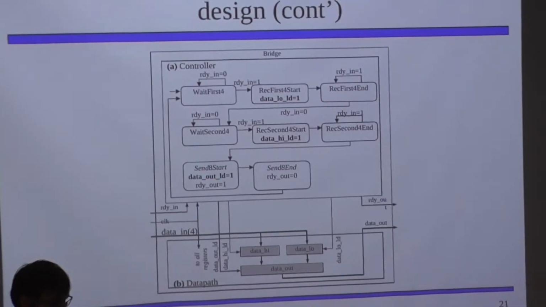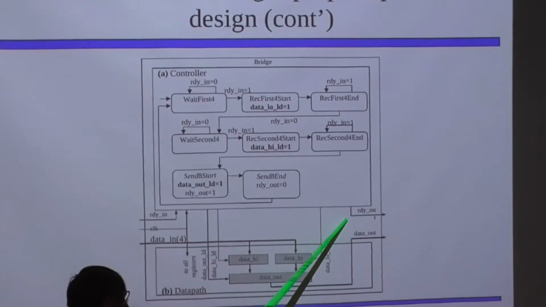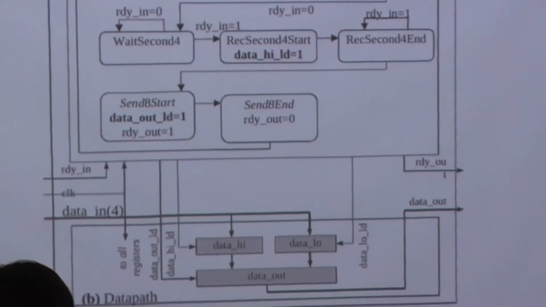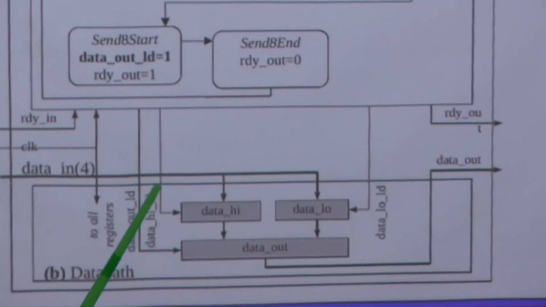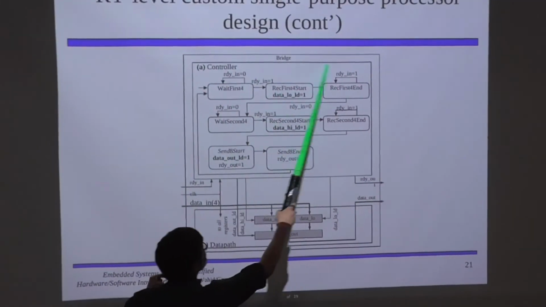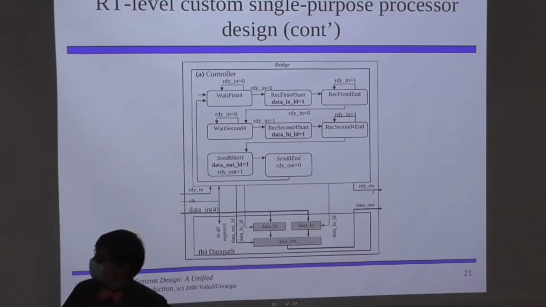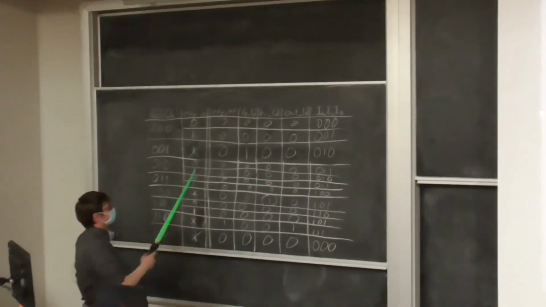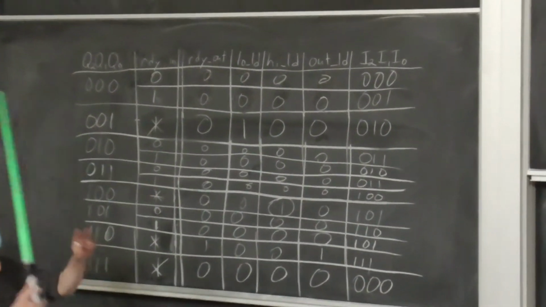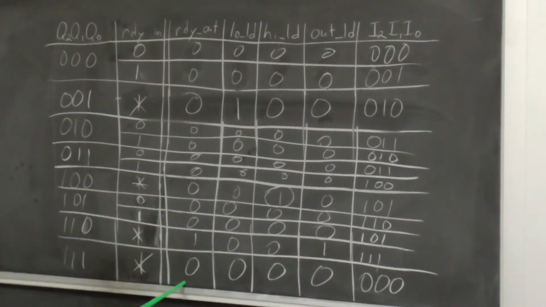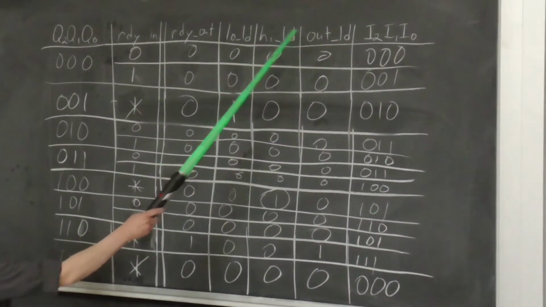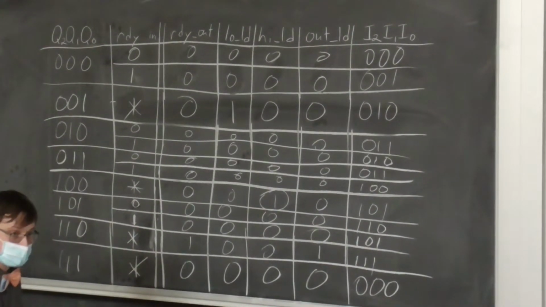I think. Okay. The ready-out signal is also derived purely from the controller logic because it doesn't actually require any data, right? So if we consider the controller itself, we have the quote-unquote pure input of the ready-in signal. We have the pure output of the ready-out signal. We have the stuff that's going to the data path, which are the register load signals, right? That's the stuff that's going down.